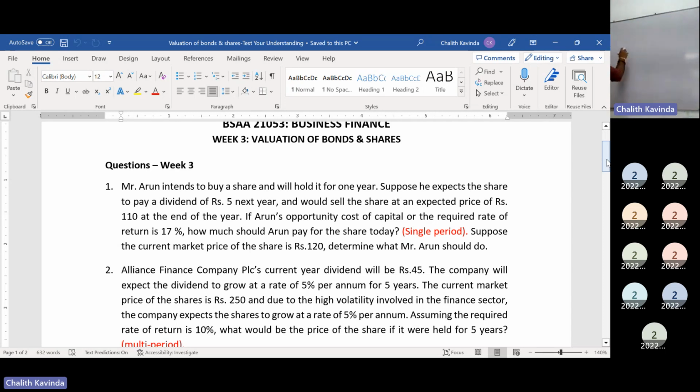So first you understood that it's a single period valuation. Then you know that the price of the share today equals the next year dividend plus the selling price of the share, divided by the cost of capital rate. Usually when it comes to shares, we take the cost of equity here. Your next year dividend, how much? It is 5 rupees. Selling price of the share? 110.